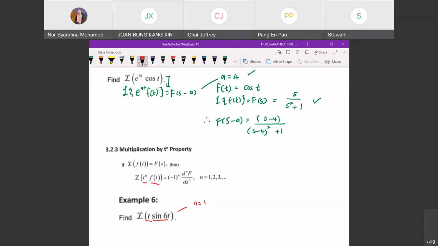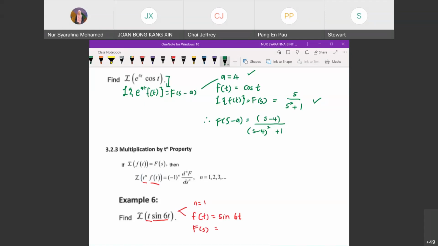So now you need to have what is your n and what is your f(t). f(t) is sine 6t. When your f(t) is sine 6t, what is your F(s)? Remember, F(s) is always obtained by transforming f(t).